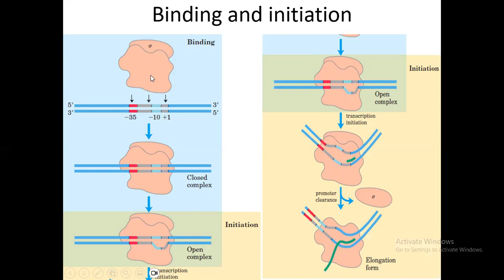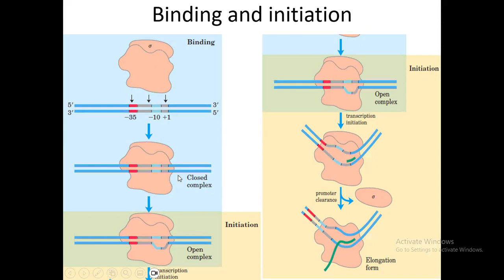So the process begins by binding of RNA polymerase holoenzyme near the promoter regions. So initially when the binding of RNA polymerase holoenzyme to the promoter region takes place, the DNA is still in a double-stranded form and hence it is known as a closed complex.